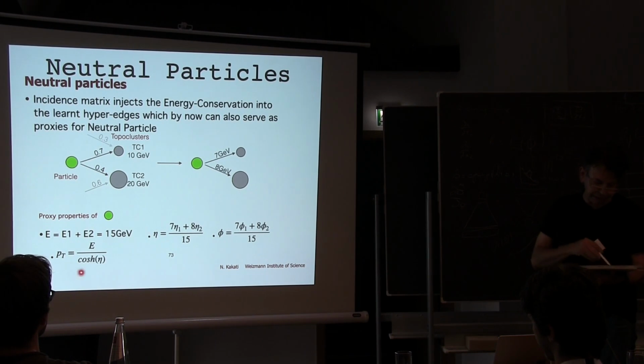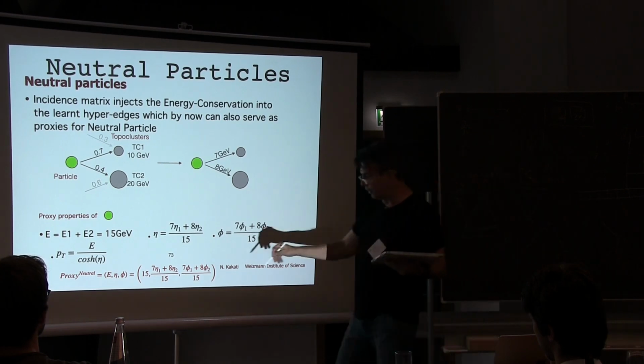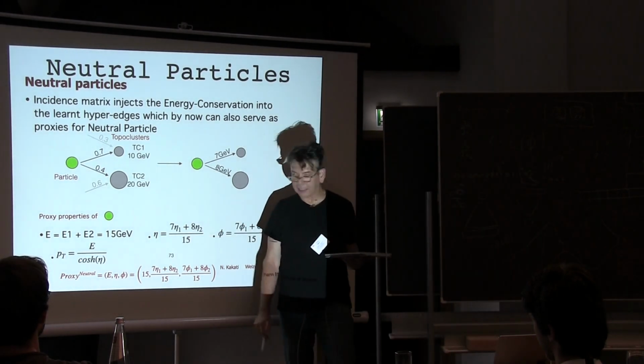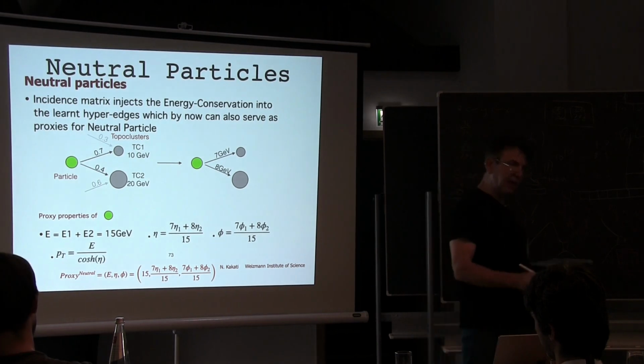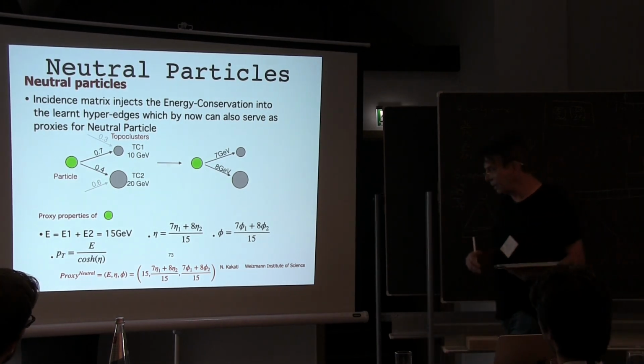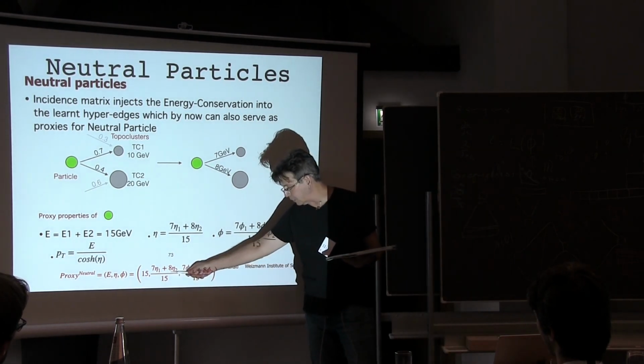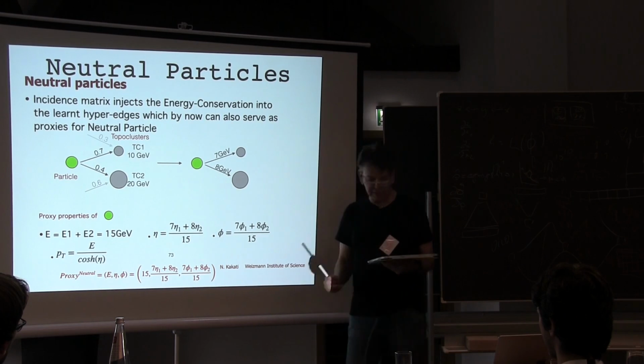From this, we can find the PT, and our proxy for the neutral particles, by which we will have the neural net predict its properties, will be, in this case, the energy will be 15, eta will be this, and phi will be this.